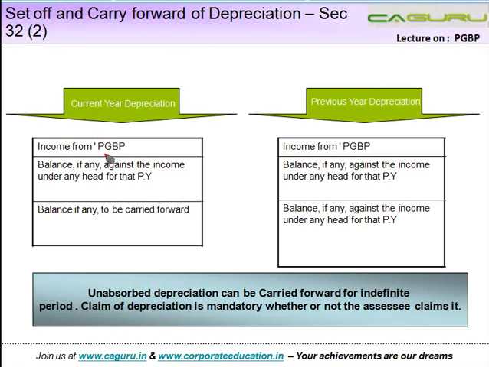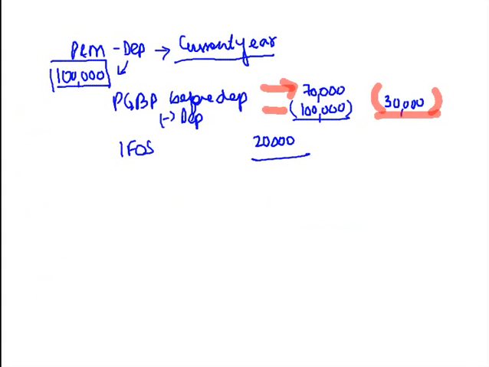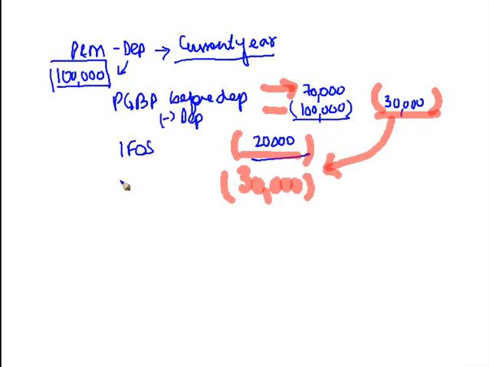The second thing is that the balance, if any, can be set off against income under any head for that previous year. If I go back, what I notice here is that after setting this off, I have income from other sources amounting to 20,000. So what I can do is reduce this 30,000 from this 20,000.